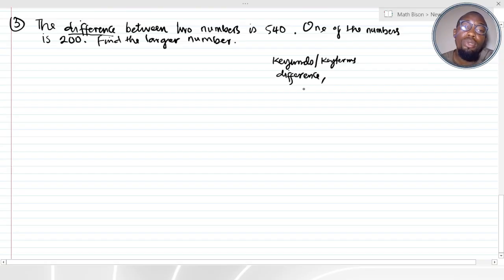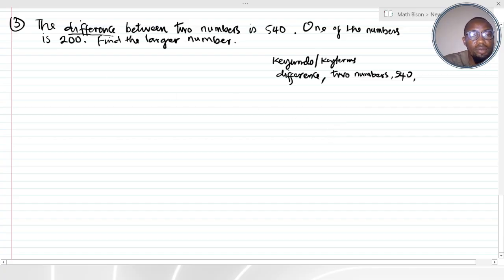If you change the difference to product, the answer is affected. If you change it to sum, the answer will be affected. So the difference between two numbers, the two numbers are also key expressions, because if we say 3 now, something else can happen. 540 is key because if we change it to another number, the answer is affected.